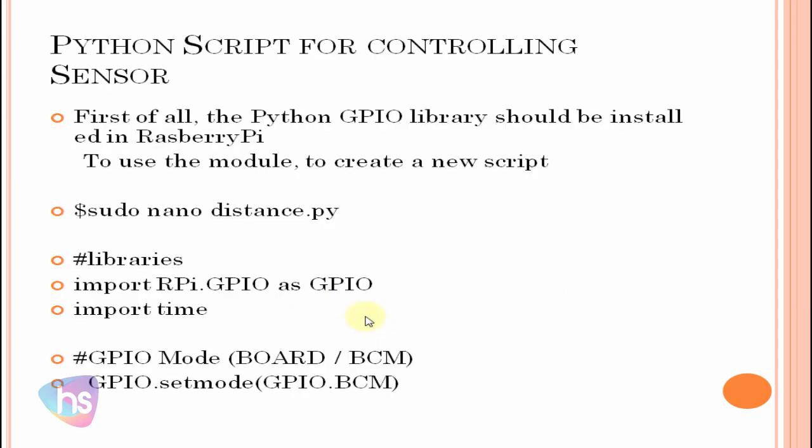Now we will go straight to the Python script for controlling the sensor. How do we receive accurate information from the sensor, either to store it or otherwise? First of all, in this program we will see how we are getting the program output. What happens if the sensor detects something in front of it, or objects are moving around the sensor's facing.